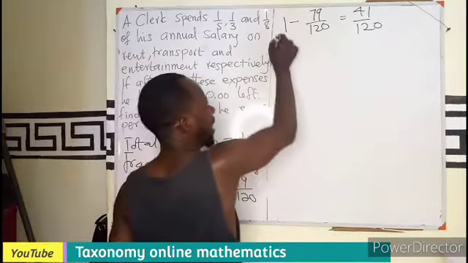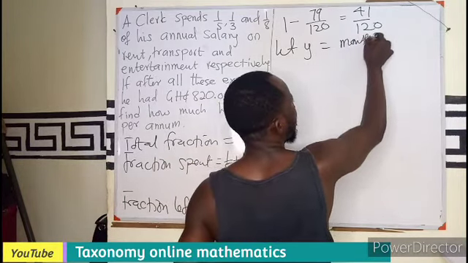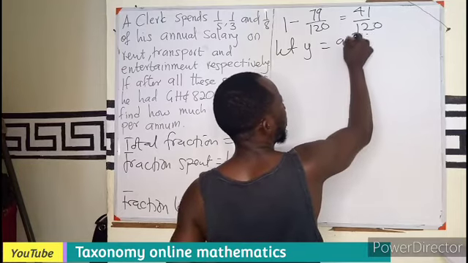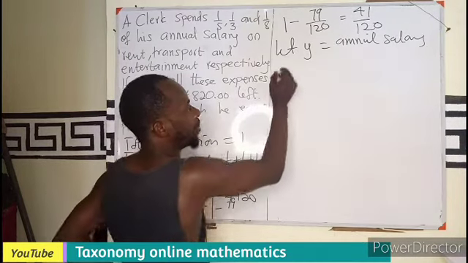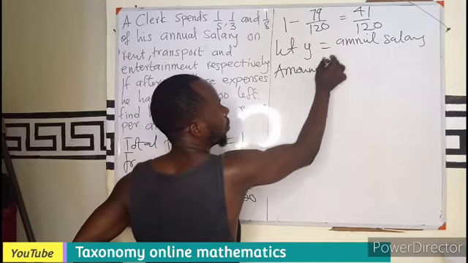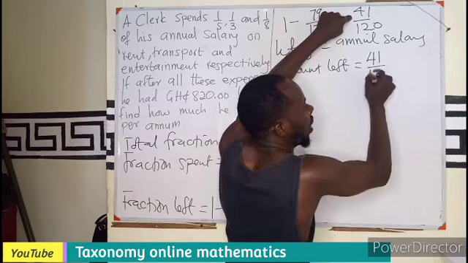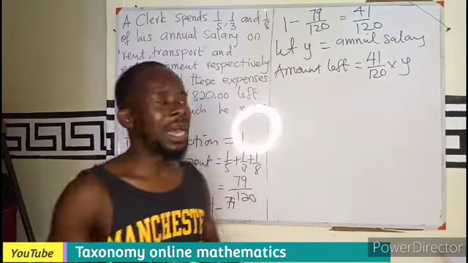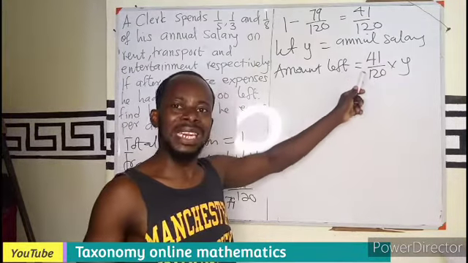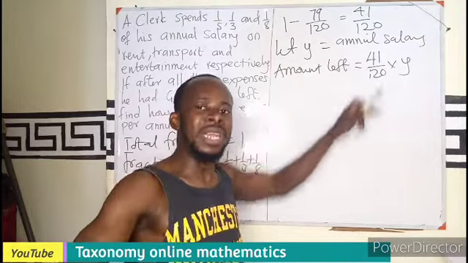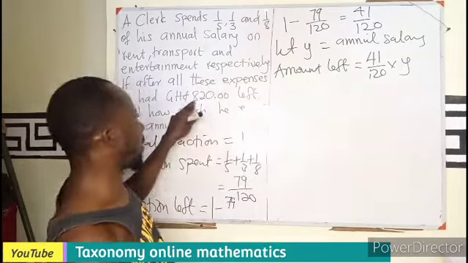So for example, let y equal the monthly, I think it's an annual salary. Then the amount left is going to be the fraction, which is 41 over 120, times the annual salary, because it is the fraction left. We are spending this, or this is the fraction of the money left, meaning this times the money will produce this, which is what is left.